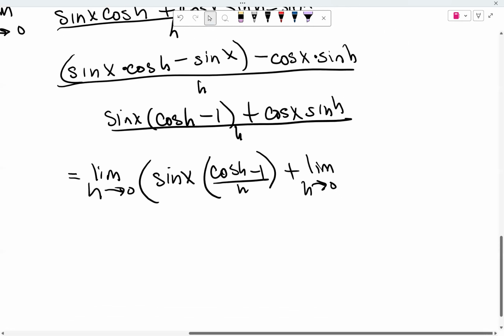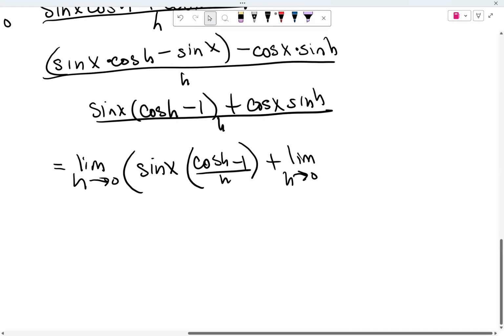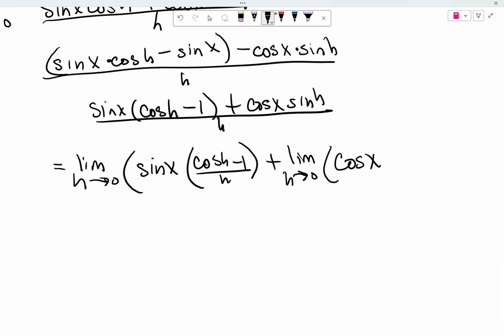We're splitting the equation basically. This will become cosine x, and this becomes sine h over h.